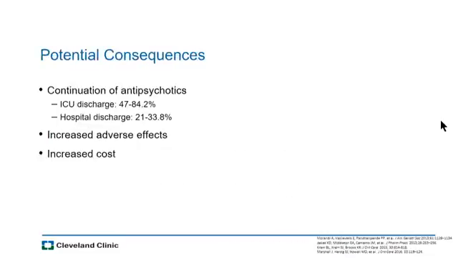Similar to what Erin mentioned about clonidine, there's a concern with administering these agents to patients in the ICU and not being concerned about continuation of these agents on transitions to lower levels of care. There have been many studies published in the last few months that have looked at the incidence of patients continued on these therapies beyond ICU stay, anywhere in the range of 47 to 85% on continuation.